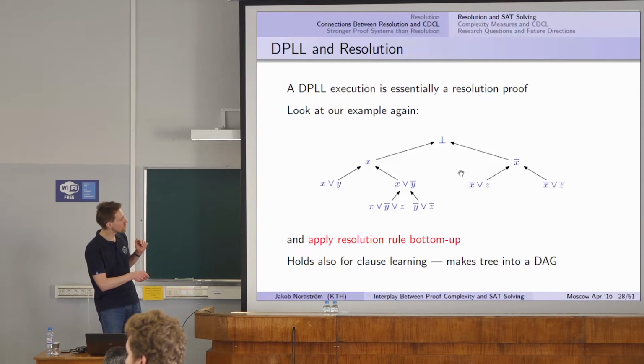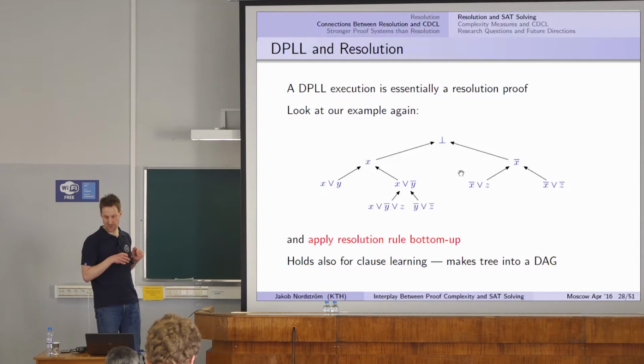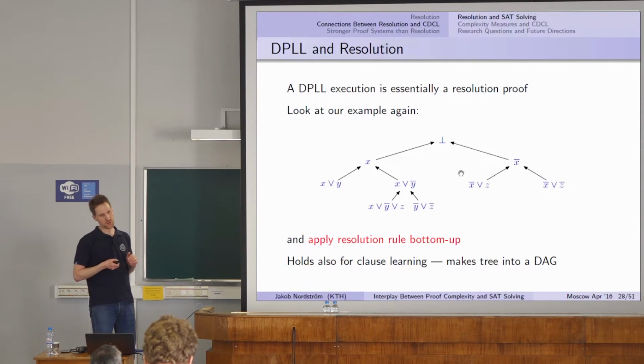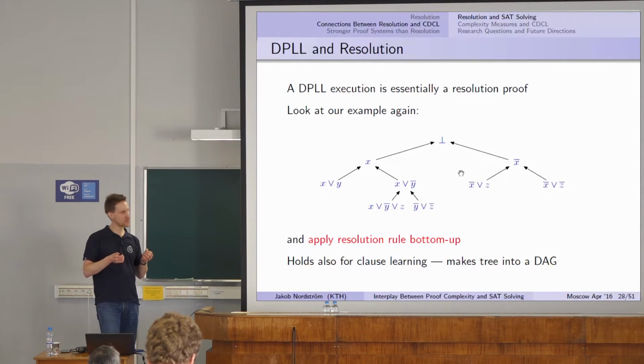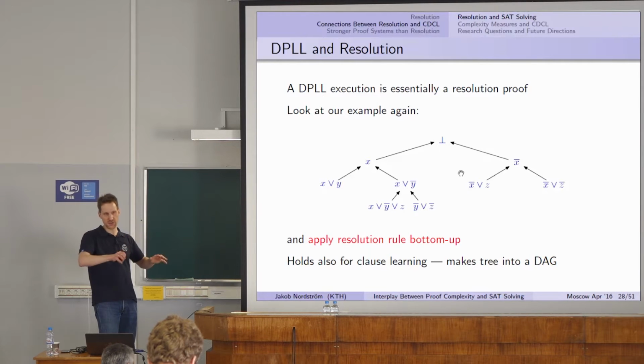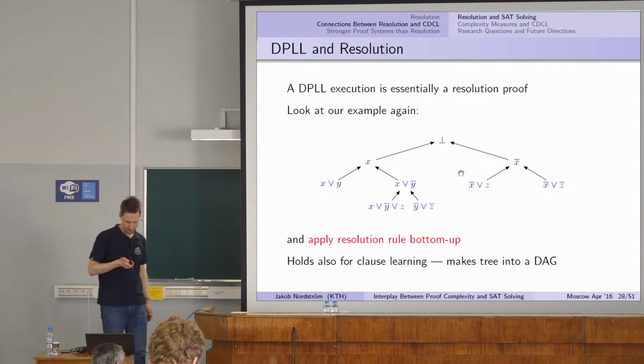Clause learning will add edges maybe from here to here, and destroy the tree structure. So the DAG that a SAT solver produces is, morally speaking, a big tree with some local violations, more or less.